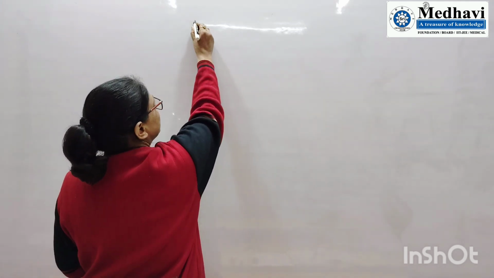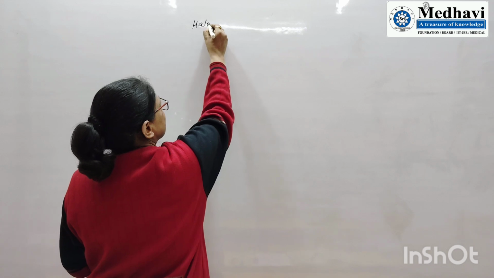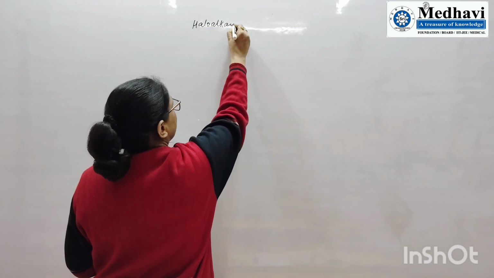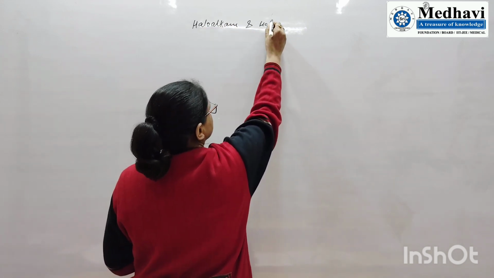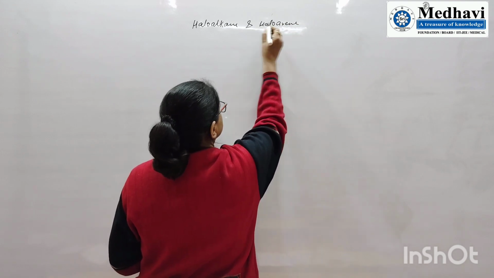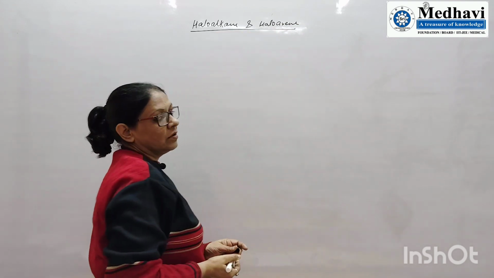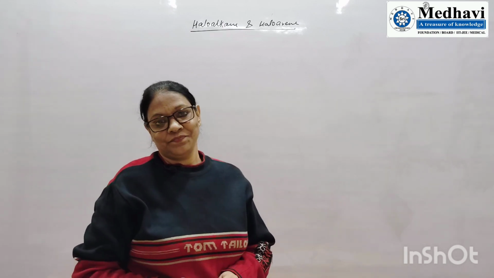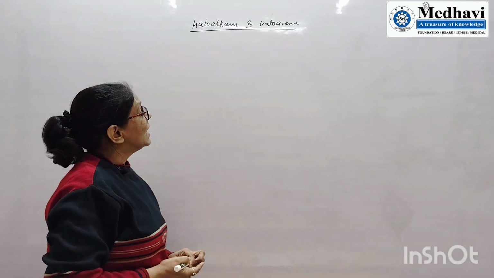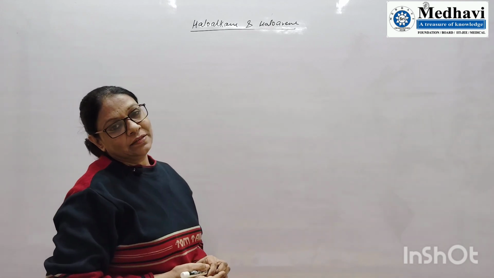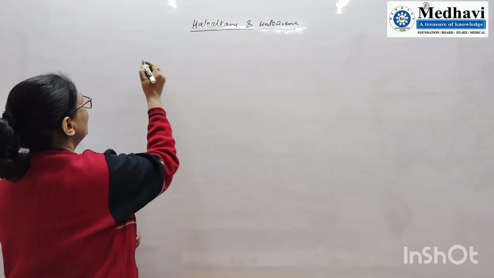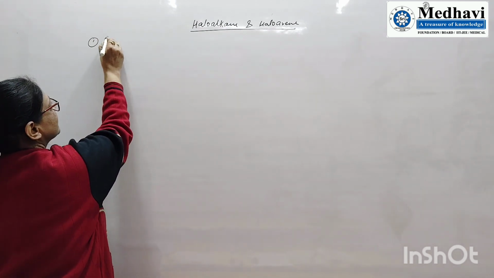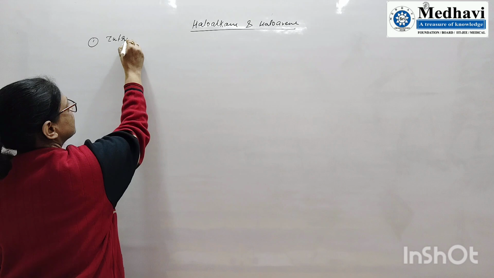Because in the first chapter, Haloalkane and Haloarene, its introduction will take time. When we start this chapter, it will cover 4 important sections. The first important section is the introduction part.